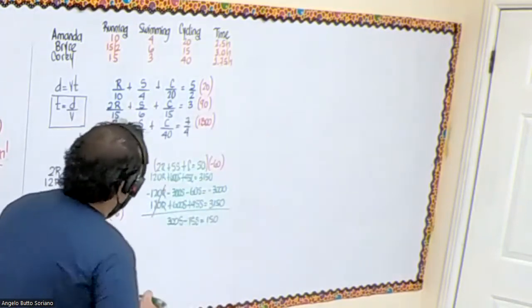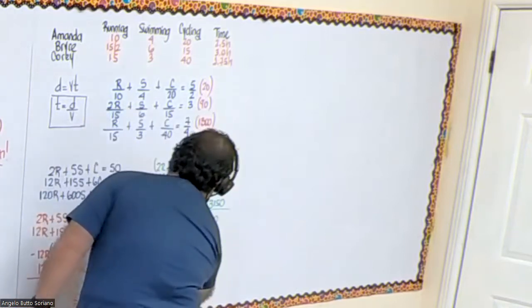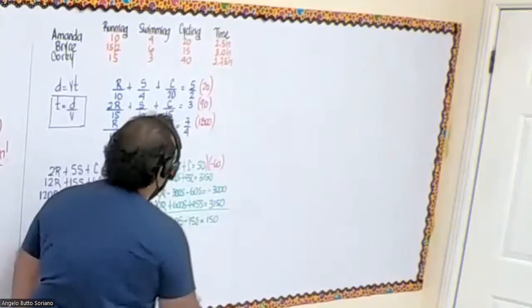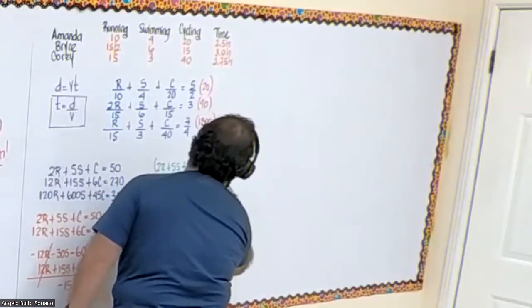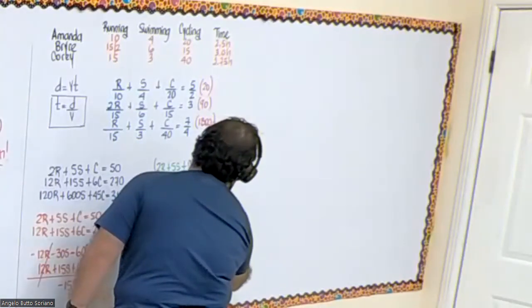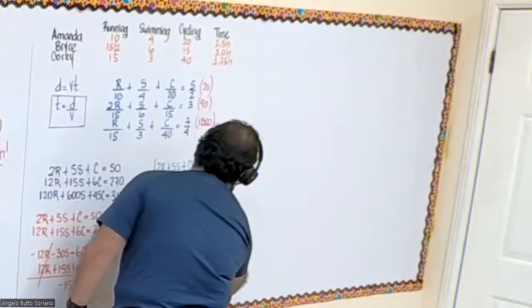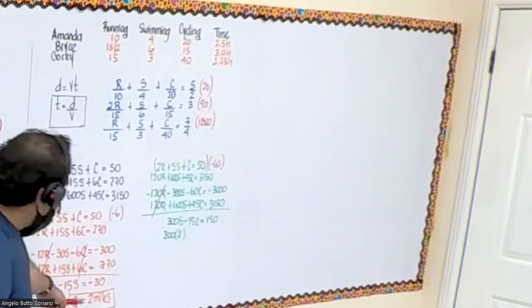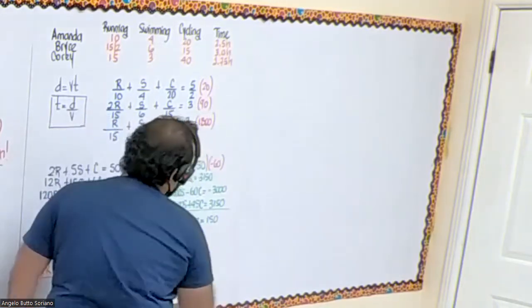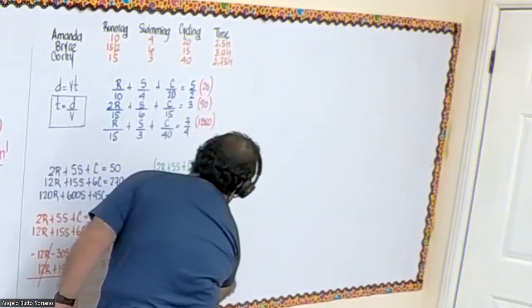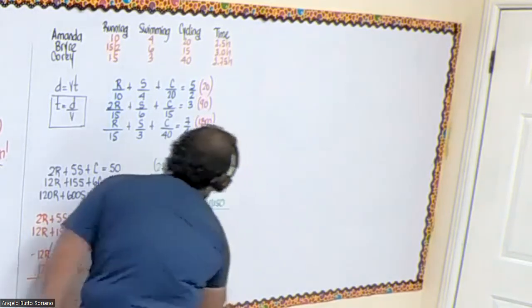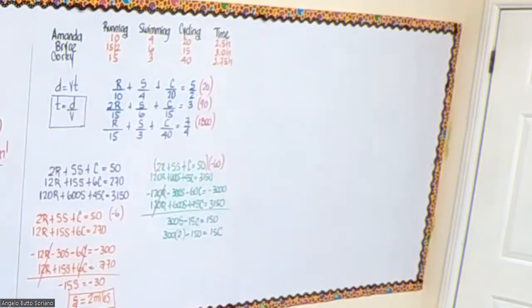And remember, 300 times 2, because we know the value of s, minus 150, that will be equal to 15c. Do you mind performing that operation?